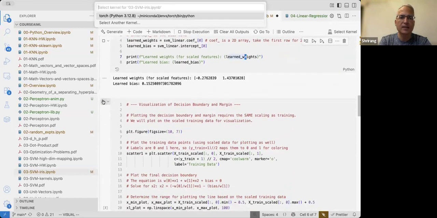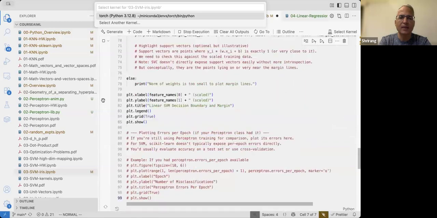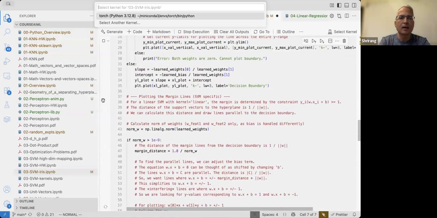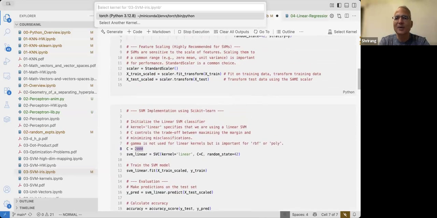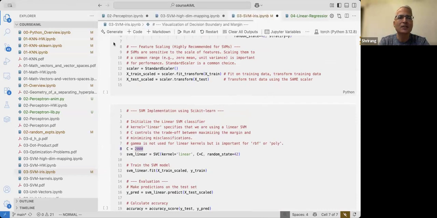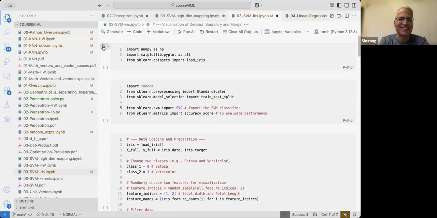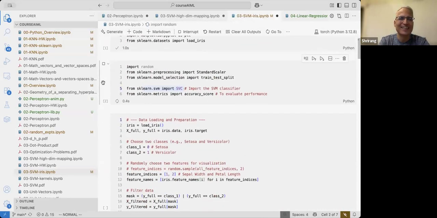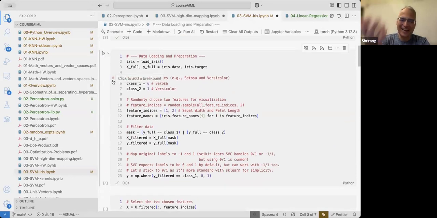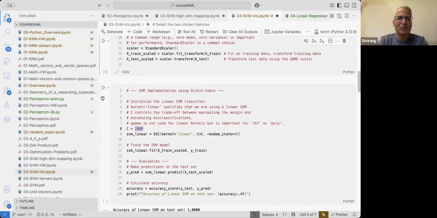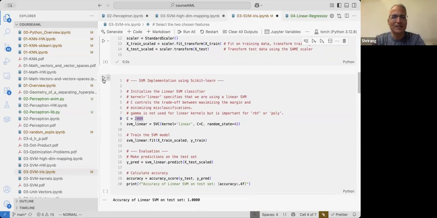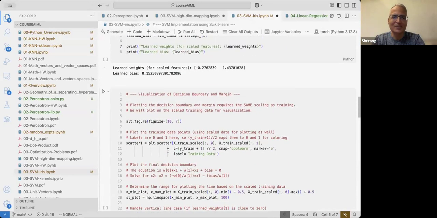I don't know if this changed, but oh my God, none of this is run. Yeah, I ran it before, so okay. Right now accuracy is 1. It's still 1 as expected.